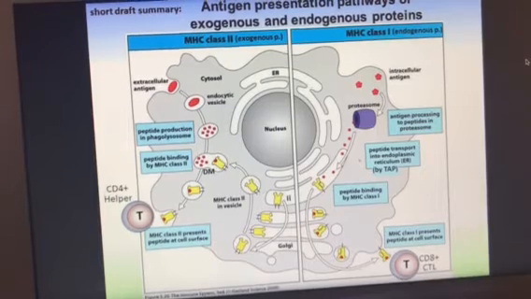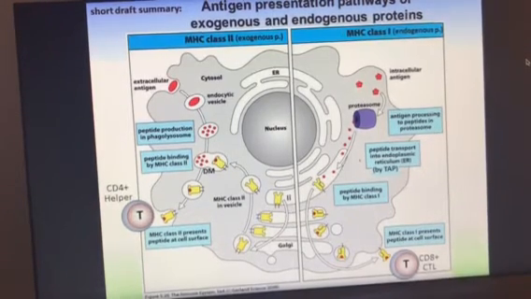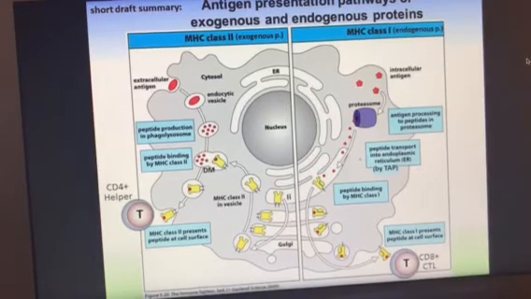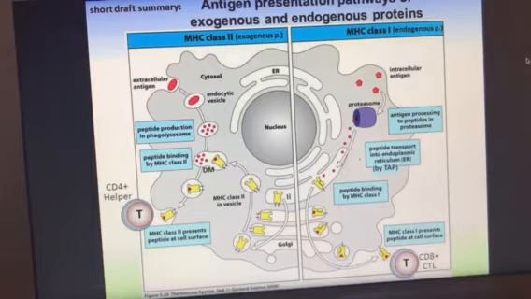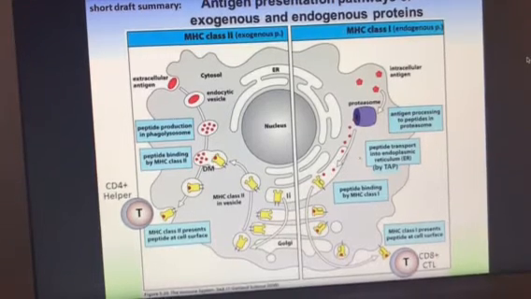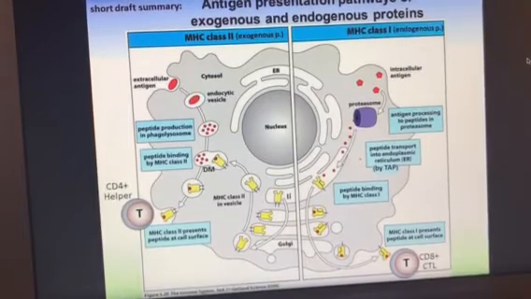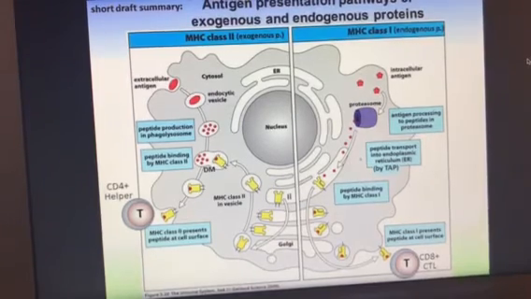Exogenous antigens are products of viruses or bacterial cells that are processed by antigen presenting cells. Endogenous antigens are recognized in association with MHC class 1, and exogenous, on the other hand, are recognized in association with MHC class 2.